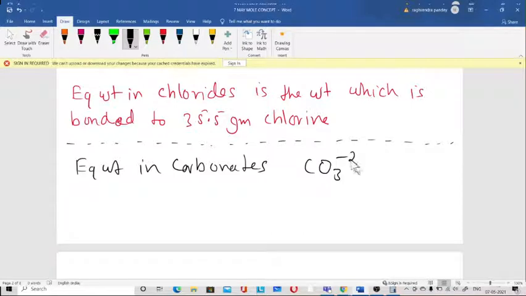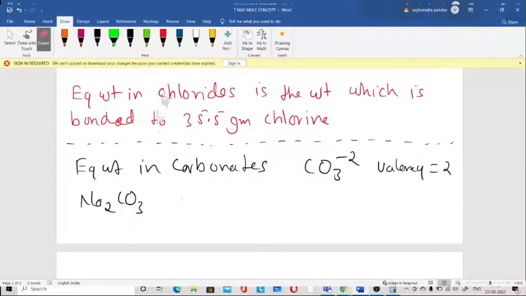Carbonate is CO3 minus 2. Valency is equal to 2. For example, you have heard about sodium carbonate. What is the common name of sodium carbonate? Washing soda.